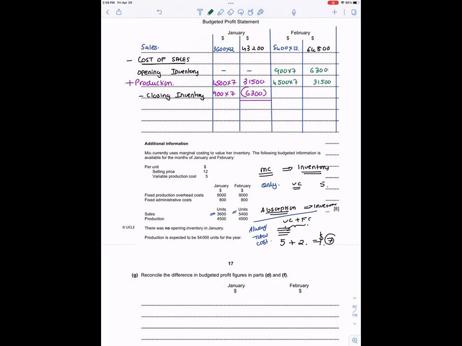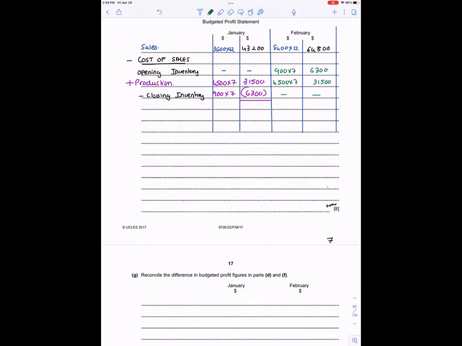And there is no closing inventory for February. Are you all with me? Yes, miss. So my working gets over here. Now I'll prepare my actual statement as per absorption costing.